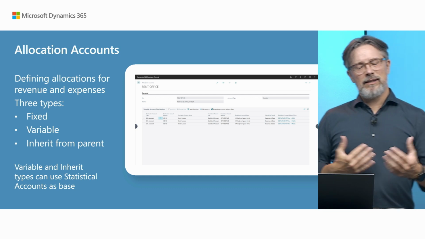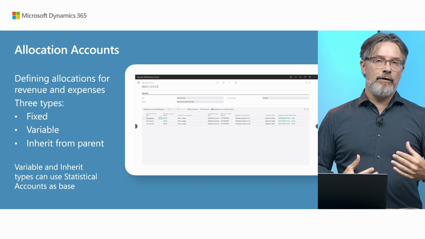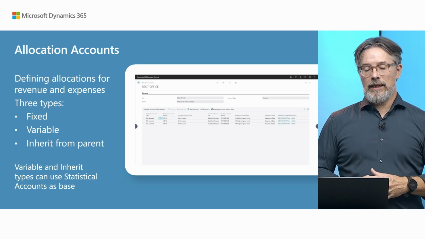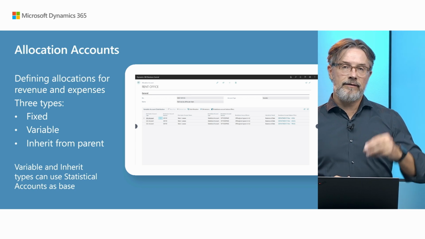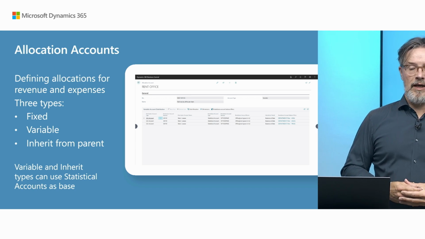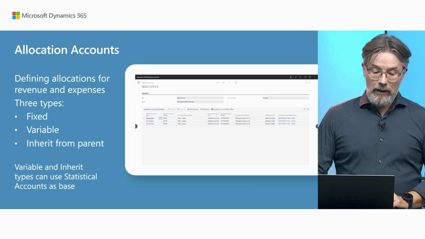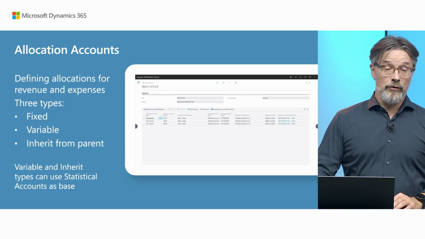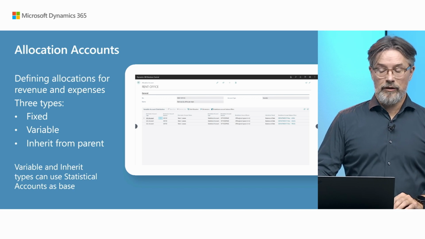And to make it a little simpler, we have also included an inherit property or type, where you basically take any account that you're using and then start allocating it, instead of creating one for each type. We'll see that in a second. The feature also works with deferrals, and it works in recurring journals. It works in general journals, and as we will see, it also works in documents.